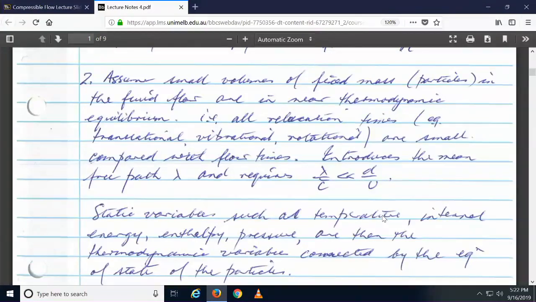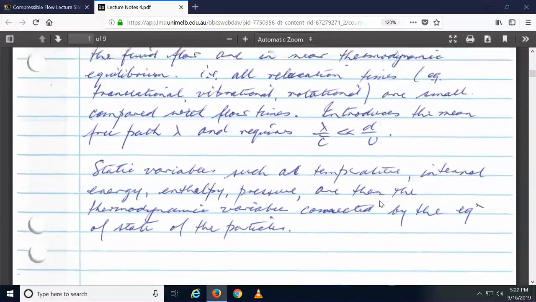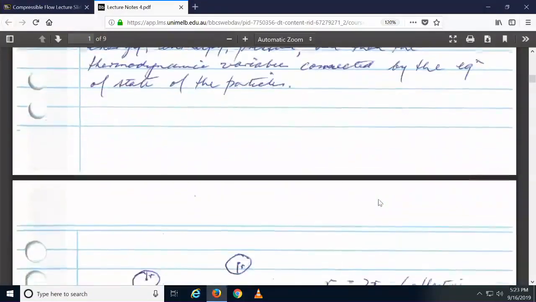And we're going to say that that time is much, much longer than the collision time. So static variables such as temperature, pressure, internal energy, and enthalpy are then thermodynamic variables connected by the equation of state of the particles.